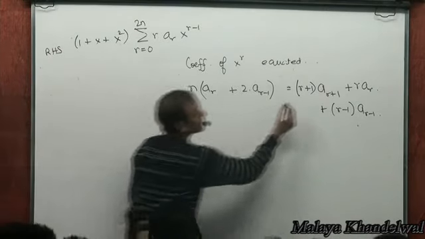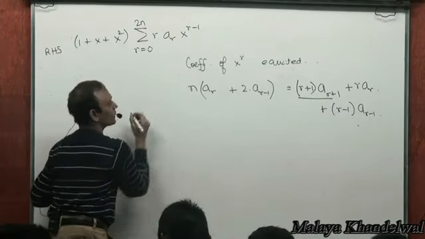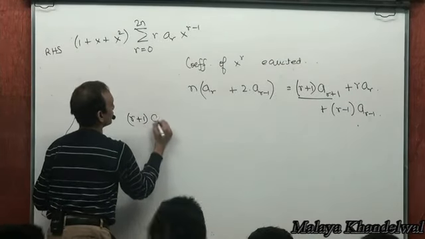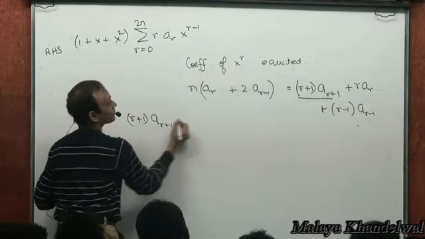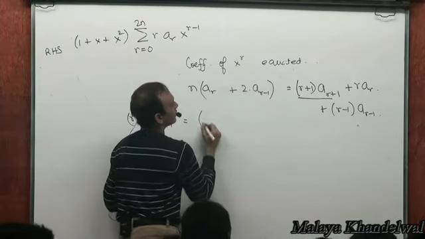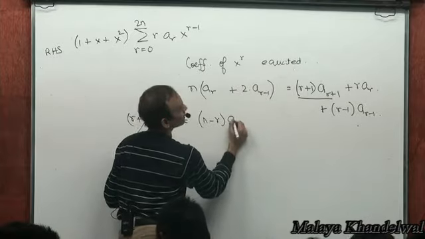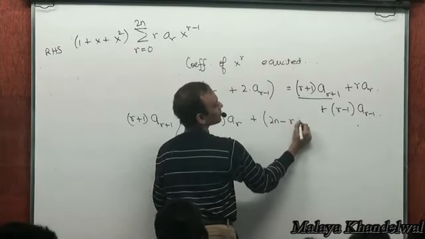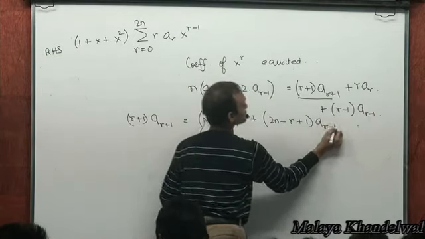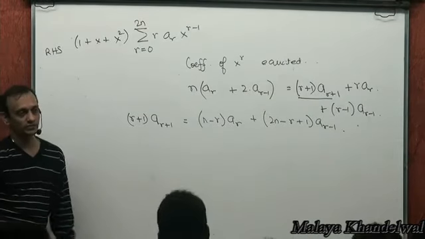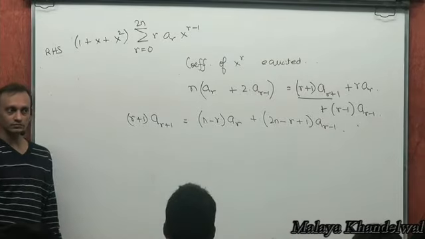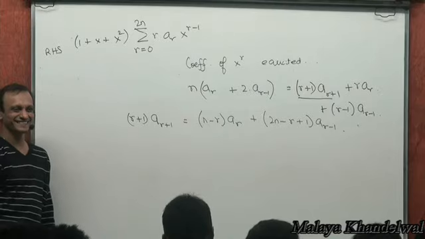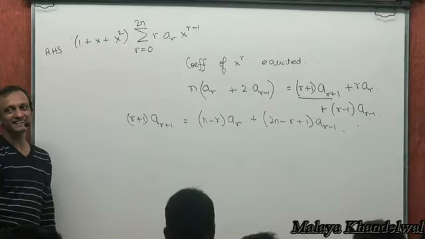And then (r+1) A_{r+1} is, collecting terms, (n-r) A_r plus (2n-r+1) A_{r-1}. This is what we get. Clear?